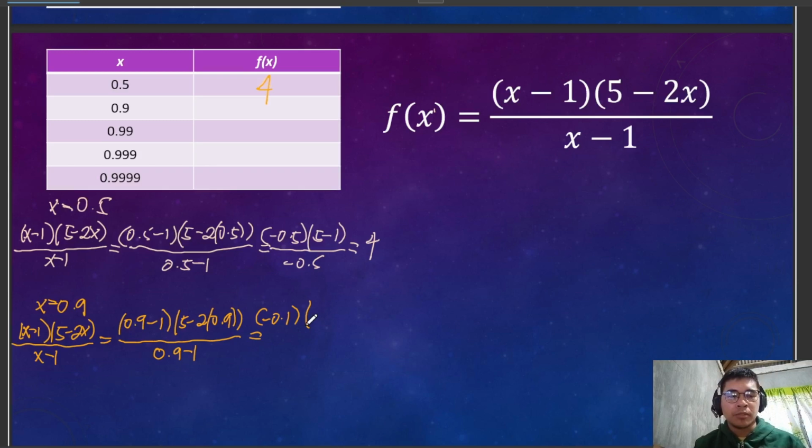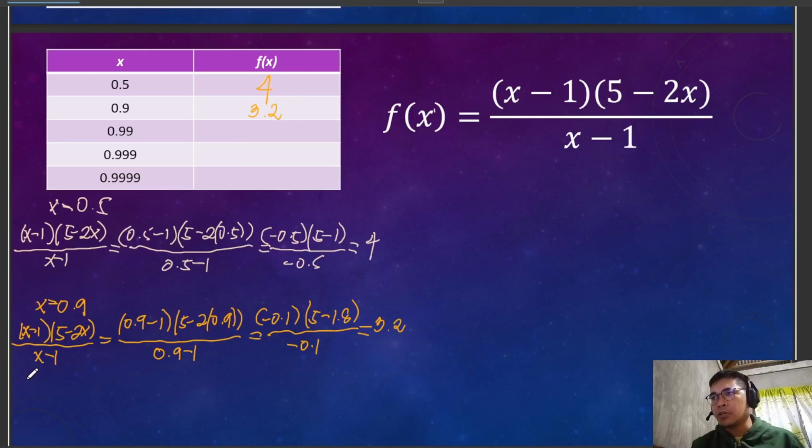So 2 times 0.9 is 1.8. So 5 minus 1.8, all over 0.1, so you may cancel this out, that is equal to 1. So we need to focus on 5 minus 1.8, which is equal to 3.2. So here our output for 0.9 is 3.2.